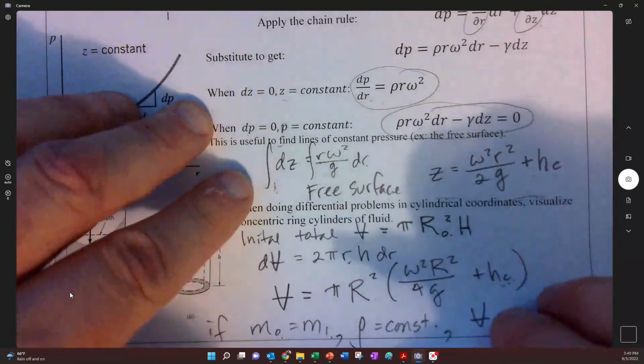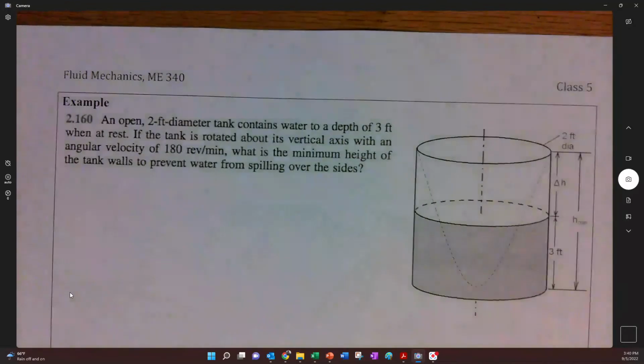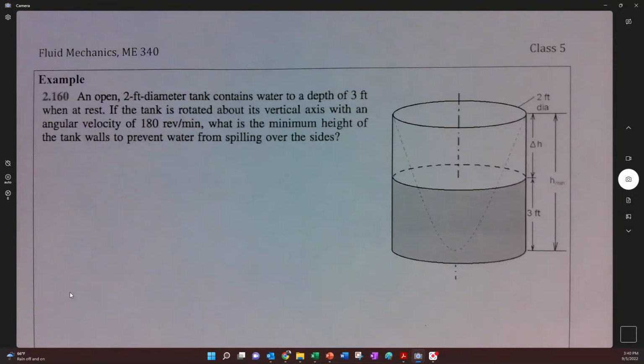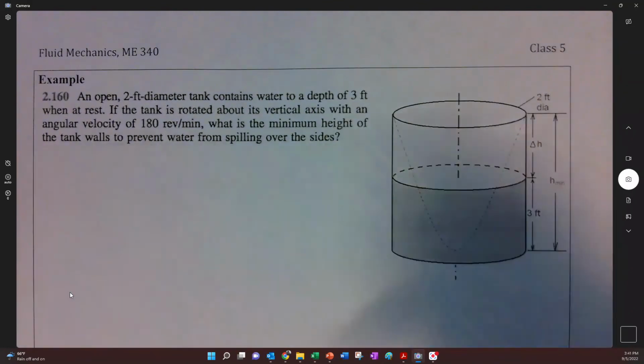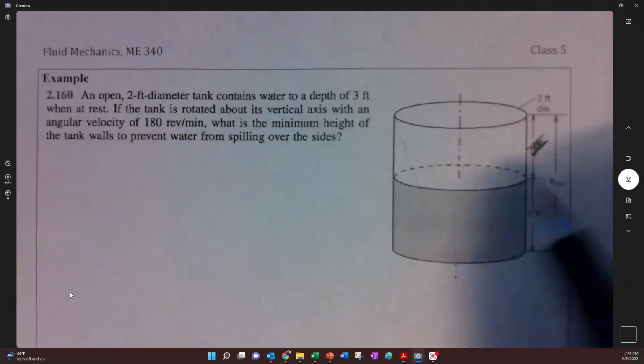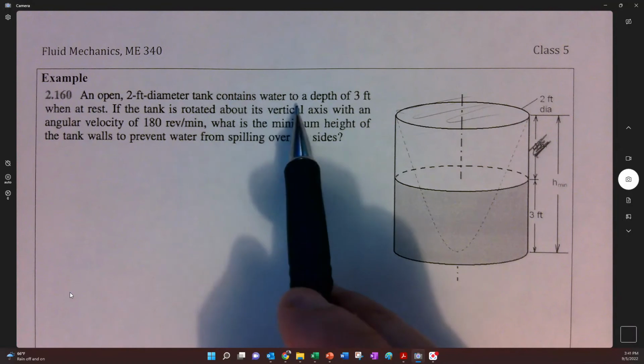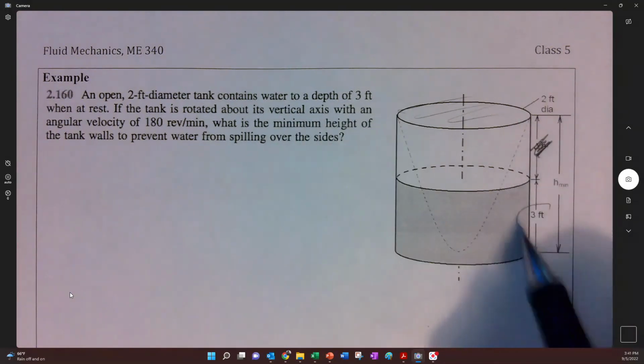So I think I have enough time to do the example here. It's not a long example. It's not complicated, and I don't think it's too terribly difficult. So we have this open 2-foot diameter container. I'm not going to ask about that right there, so let's get rid of that. And this thing is open at the top, and the tank contains water to a depth of 3 feet to start with.